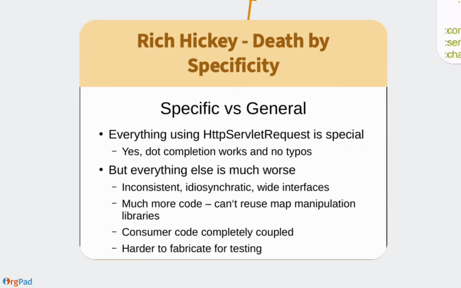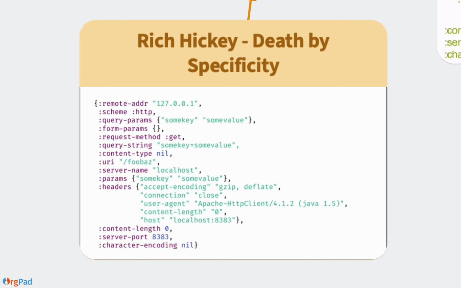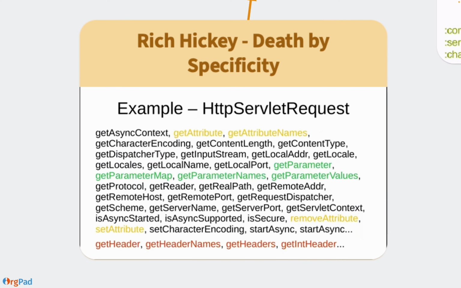No. It's all hardwired to this person's idea of what an HTTP request is. So yeah, there's a tiny little benefit: dot works in your IDE, woo! Oh my goodness, because I could never remember that.